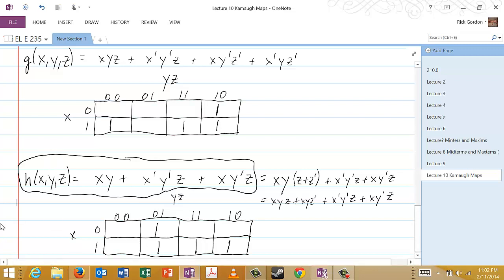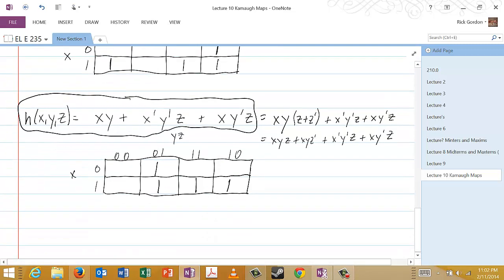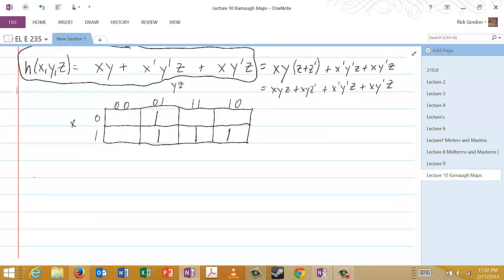Let's look at still another example now. Let's say J of x, y, z is equal to x, or x prime, y prime, z prime.